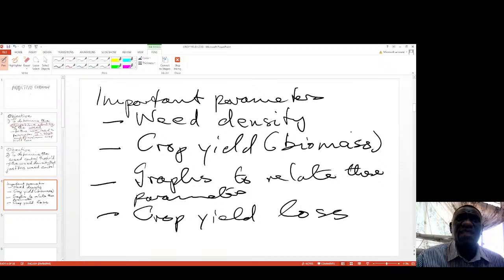So we will need this and that, and we can draw graphs which can relate weed density versus crop yield, then weed density versus crop yield loss.